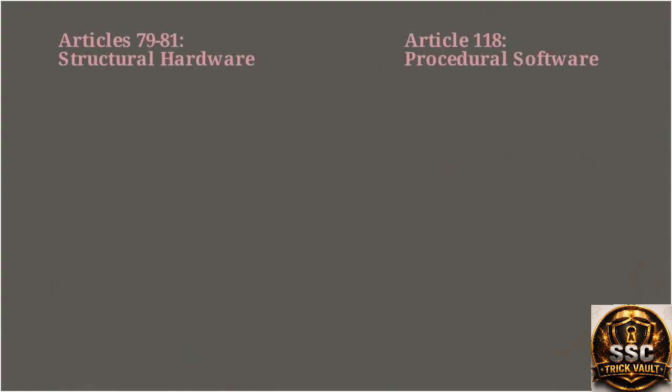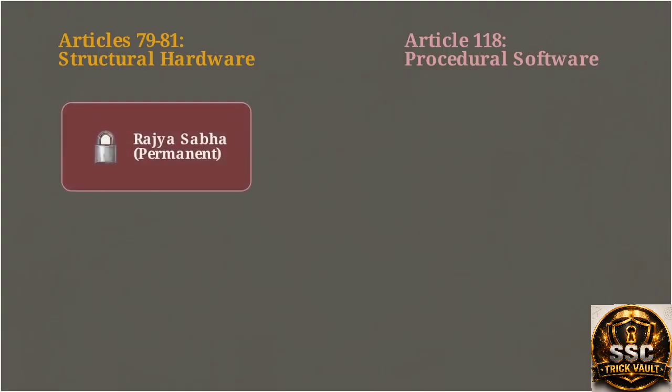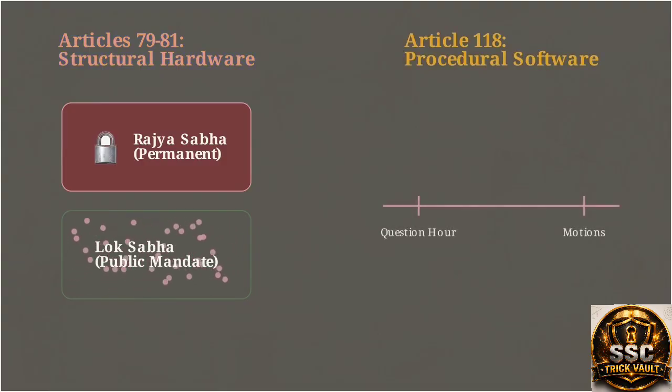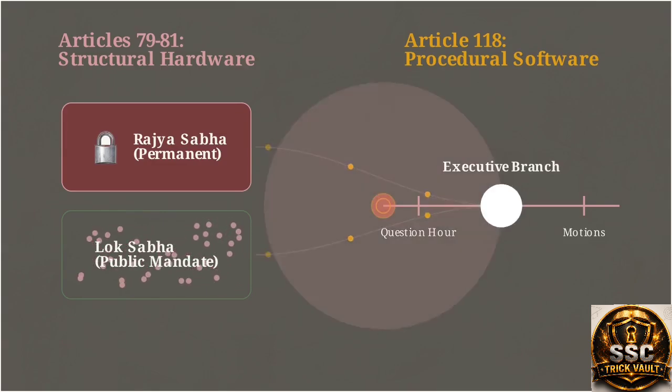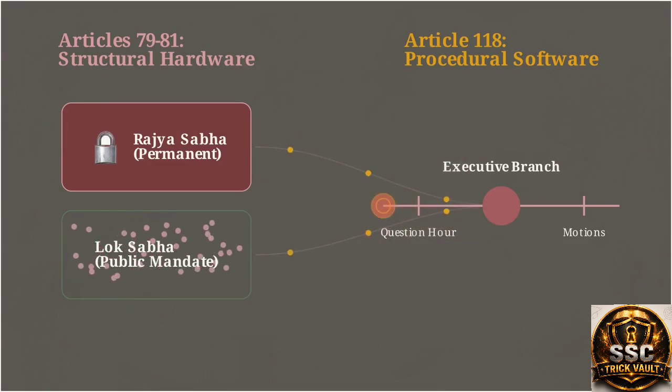The Indian Parliament operates as a precise, unrelenting algorithm of accountability. Its structural design, laid out in Articles 79 through 81, provides a stable matrix. It locks in permanent state representation while remaining tethered to the shifting mandate of the public. Meanwhile, the procedural rules governed by Article 118 ensure that the executive branch cannot act in a vacuum.